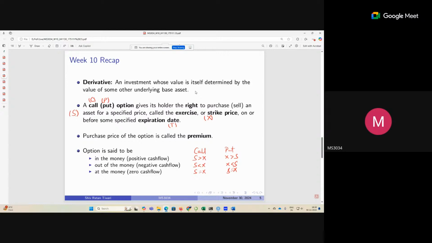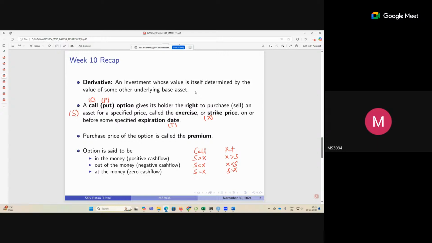How? Because the call option has given you a right to purchase at price X. So you can purchase at a lower price, then go to the market and sell at S, the current market price, so you can earn a profit of S minus X. That's why there is a positive cash flow, and that's why it is in the money.